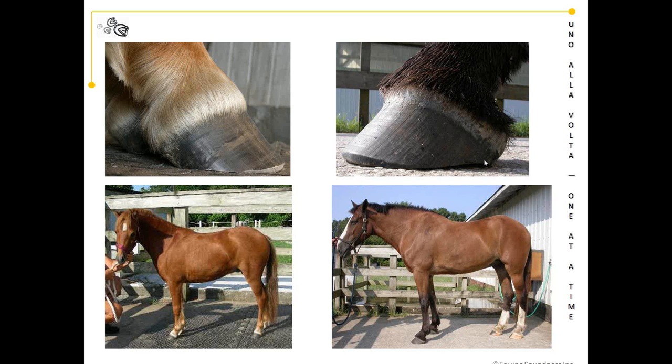And if you don't see the horse on top, if you just see the picture, you can't tell what this is. This could be a saddlebred, this could be some kind of pony badly trimmed, whatever. The point that I try to make here is do not just judge the hoof, but see what's standing on top of it.